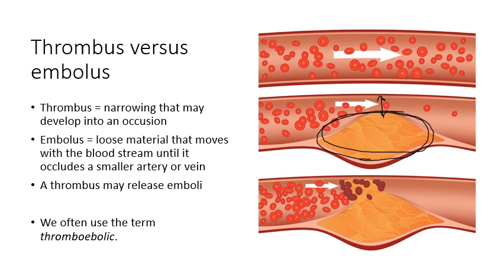It doesn't matter if it's in an artery or a vein. You can have fat embolus, which is just fat molecules that fly around in your arteries or veins. You can have air embolus, or you could have embolus like this from a plaque with cholesterol and all the buildup of decades.